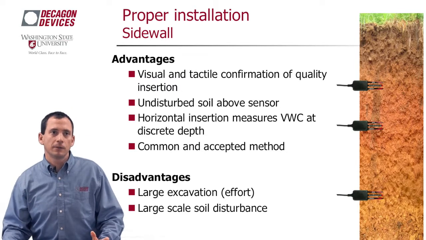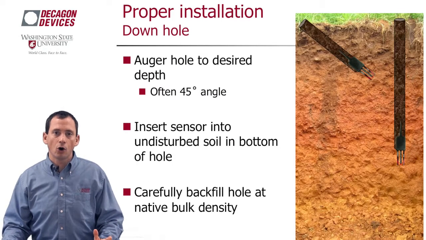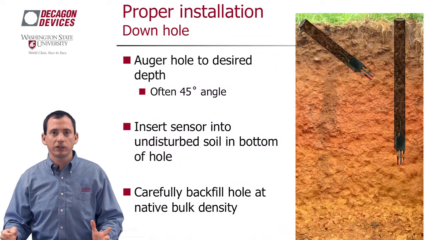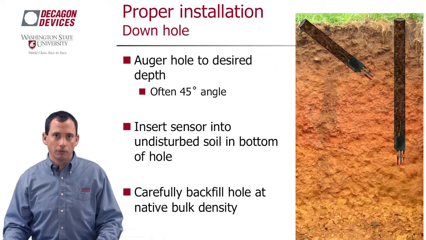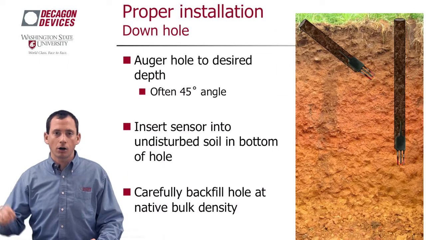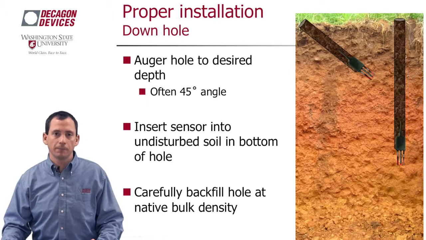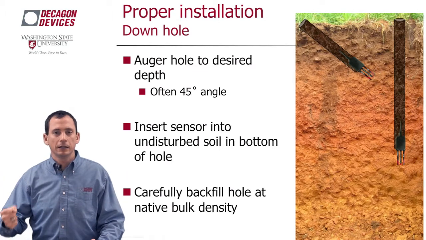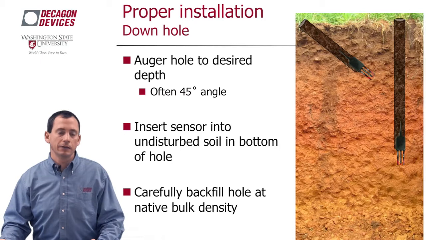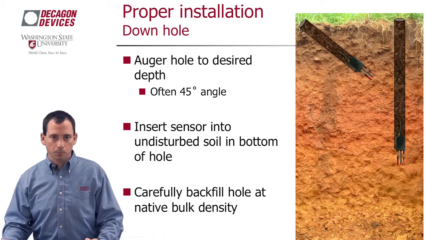The alternate installation technique is a downhole installation technique, and with this technique you'd use an auger of some size and auger a hole to the desired depth and then insert the sensor into the undisturbed soil in the bottom of that auger hole.